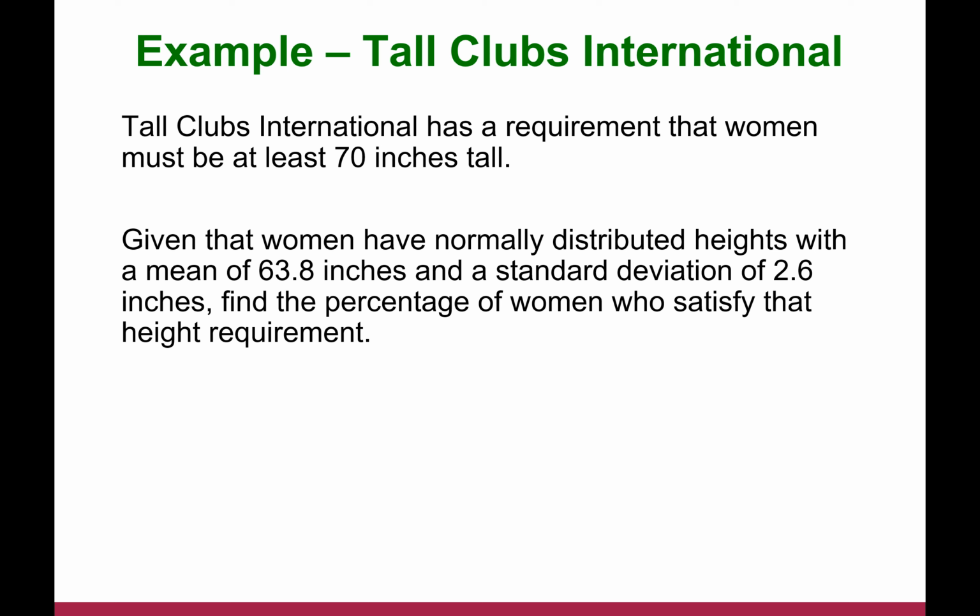So let's take a look at an example. Tall Clubs International has a requirement that women must be at least 70 inches tall. Given that women have normally distributed heights with a population mean mu equal to 63.8 inches and population standard deviation 2.6 inches, find the percentage of women who satisfy the height requirement. Again, you draw the bell curve.